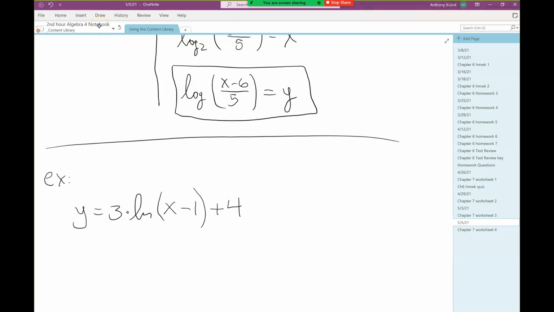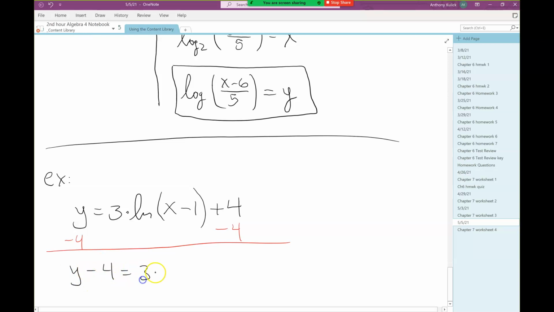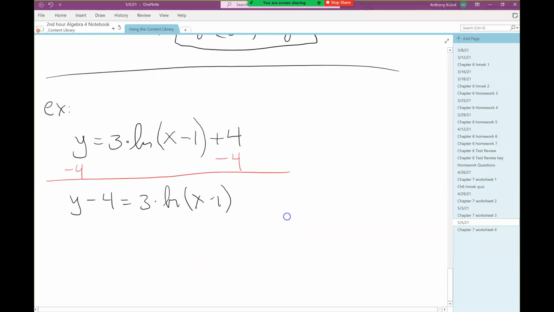So let's say we have 3 times the natural log of x minus 1, plus 4. What should we do first? Subtract 4. Very good. And then what should we do?